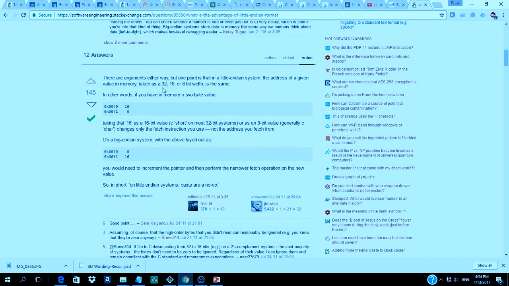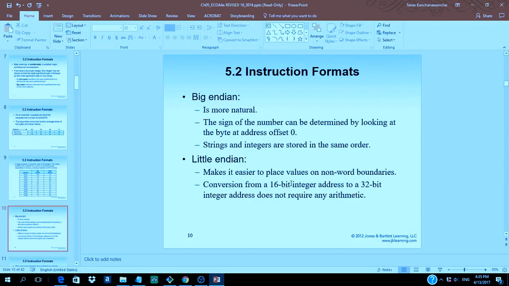Because whether it's 32-bit, 16-bit, or 8-bit, I always go to the first index and get it, right? But if you want to load 32 bits in big endian, it is slower because you have to increment to that index. That makes sense? Okay, you got it. So that's probably that. This is what it means too.